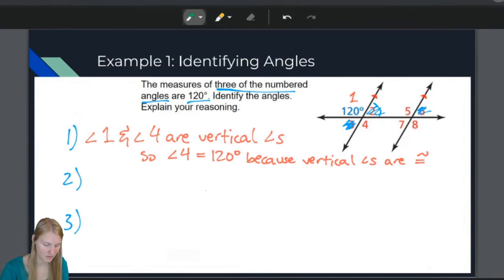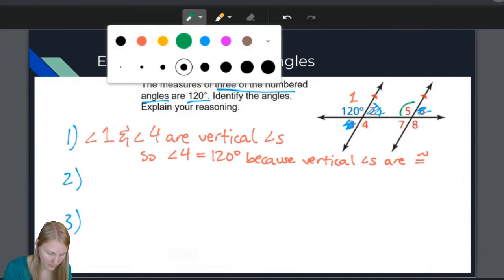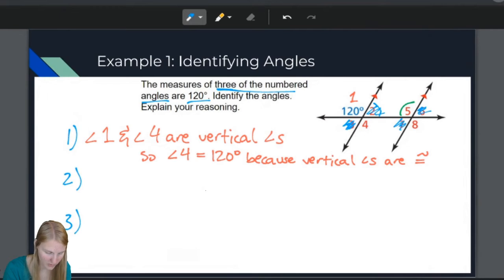Okay, next, we'll continue our color coding. So we looked at angle 4. Now, let's look at angle 5. Top left, top left. They are in the same position. So what type of angles are these? Corresponding. Angle 1 and angle 5 are corresponding angles.